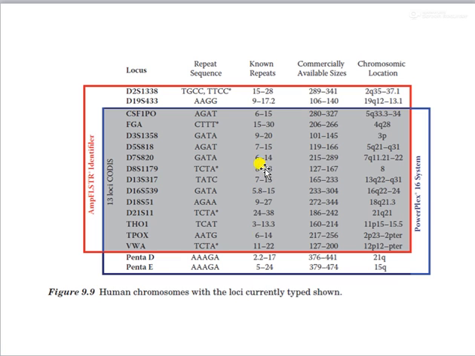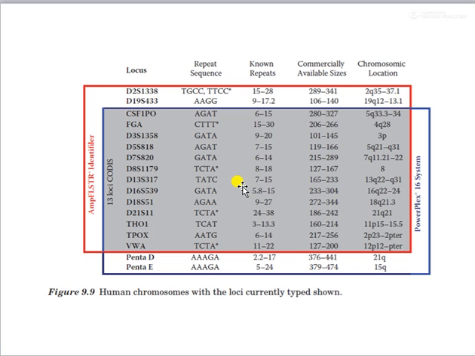So like that, for each different locus which we consider, different people will have different repeats, and depending upon the number of repeats, we say different alleles. If you have 6 repeats, you call it a 6 allele. If you have 7 repeats, you call it a 7 allele. And if you have 9 repeats, you call it a 9 allele for that particular gene locus.